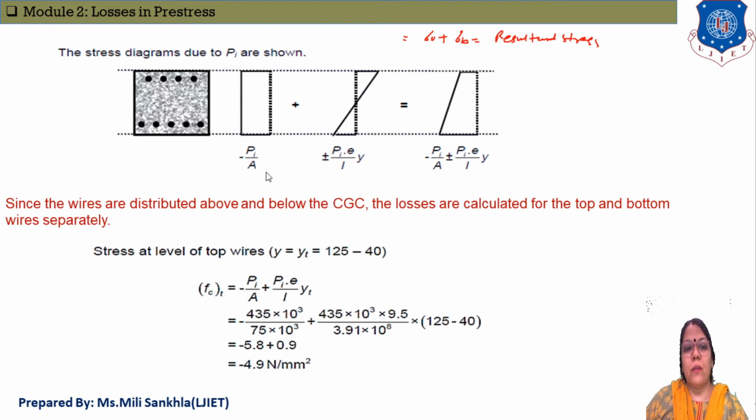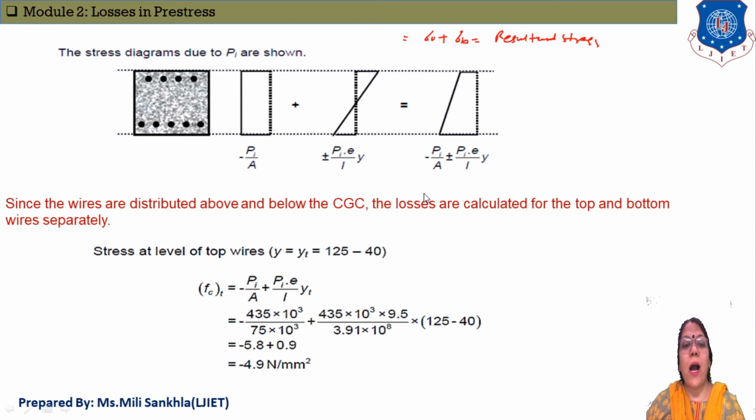Now guys, why here do we take this? Here we take our direct stress as negative and bending stress as plus and minus for the top and bottom fiber. This pre-stressing member is subjected mostly to compressive forces, and compressive forces for a beam section we take as negative, and here the top and bottom zones are given.